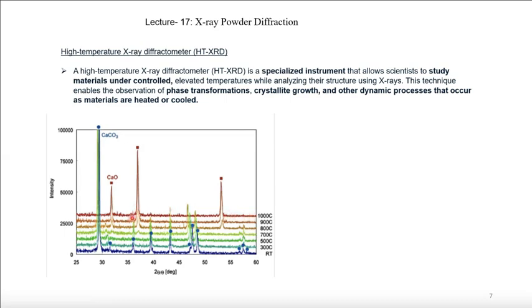We can easily see that calcium carbonate at 1000 degrees splits to calcium oxide, and the peaks are very prominent. So here we can see how the phase transformation is going on, or how the reaction is coming up. What are the products you can get from a single material when you heat or cook?